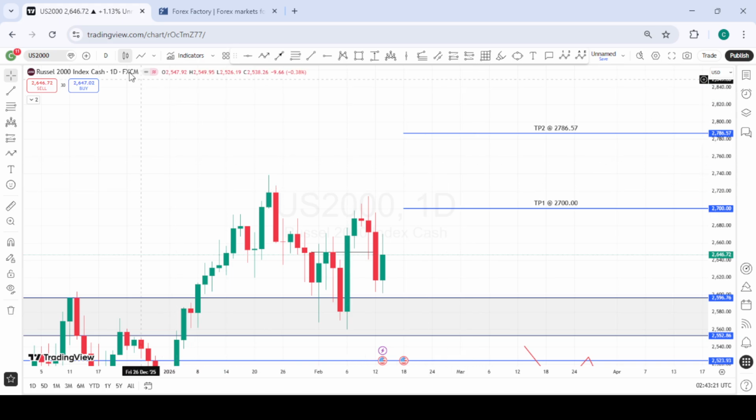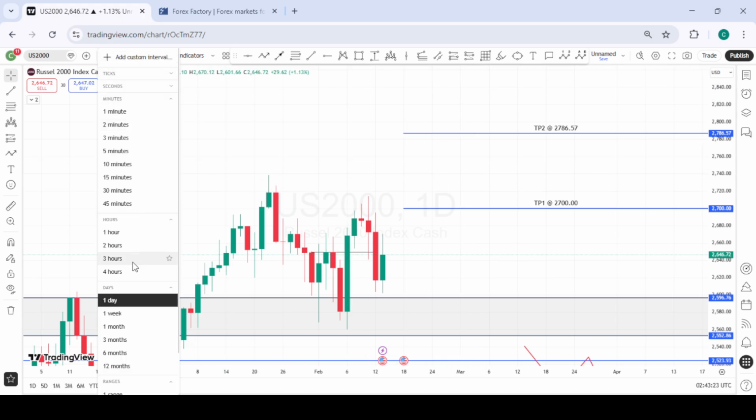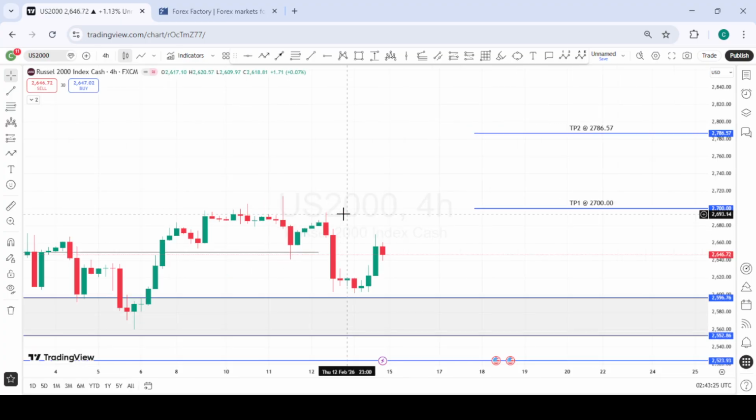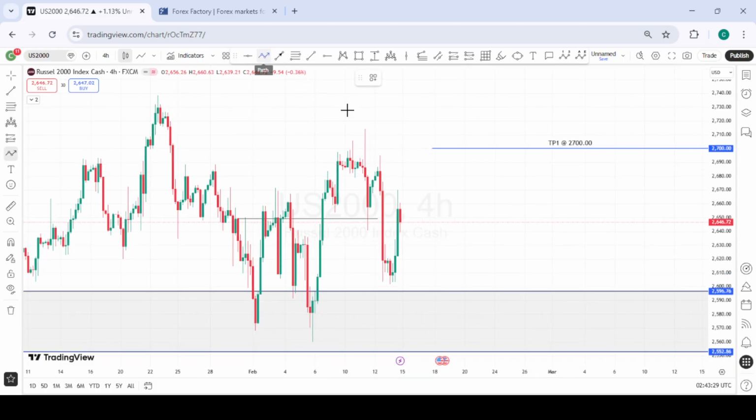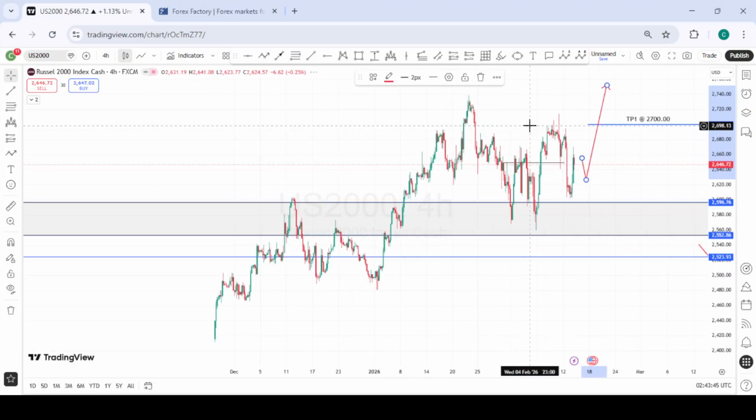So dropping down to the 4-hour time frame, we'll be looking out for a higher low formation or maybe a double bottom formation, whichever opportunity presents itself to us. We'll patiently wait and see how price develops, and we take our buying opportunities from here to the various targets we have above.